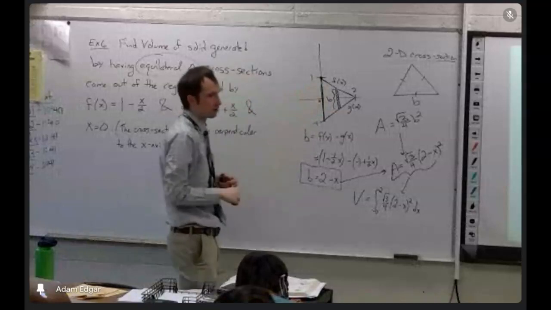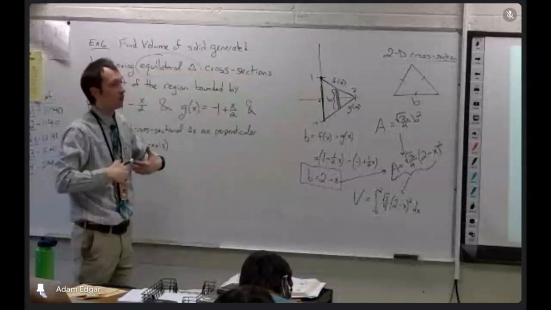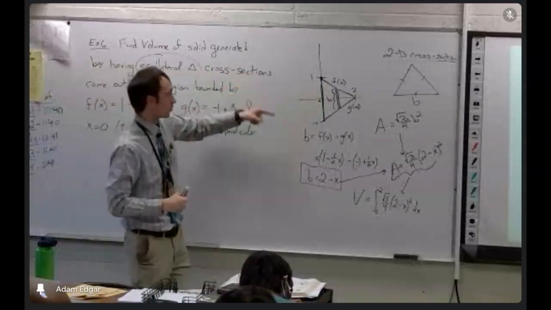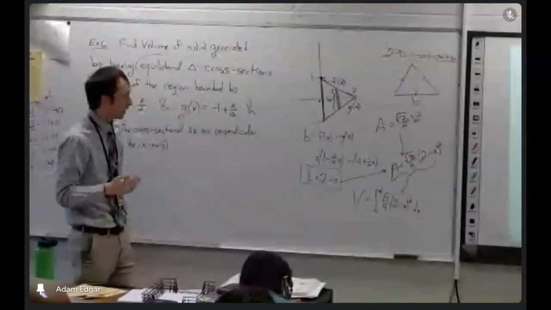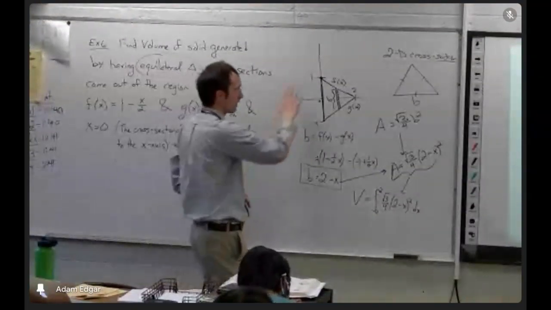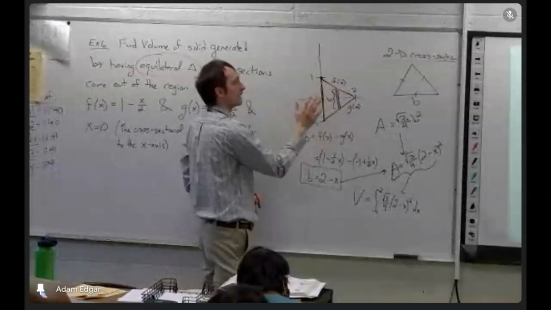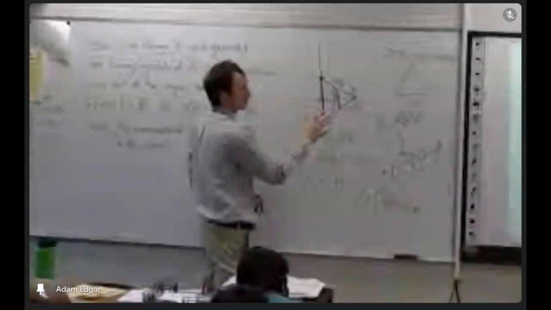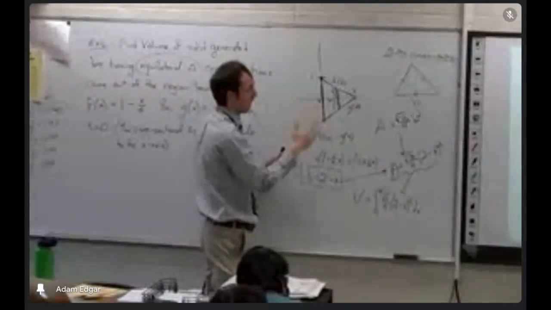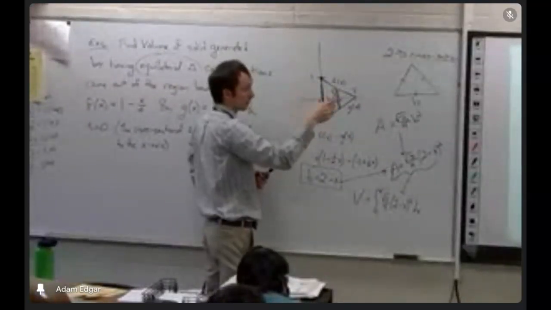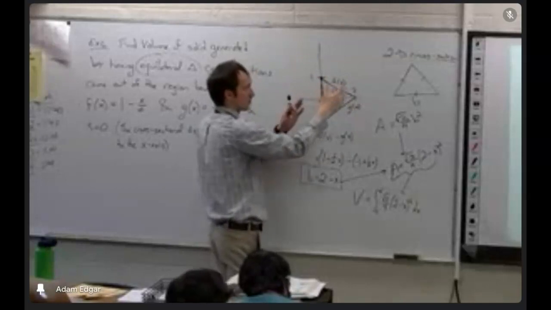The other thing is two-dimensional, and then we make it 3D by rotating it about some axis. So in both cases, we're starting with a two-dimensional figure in the XY plane, and then we're making it three-dimensional in some way or other, either by rotating it, or in this case, by imagining cross sections of some shape coming out of the page.